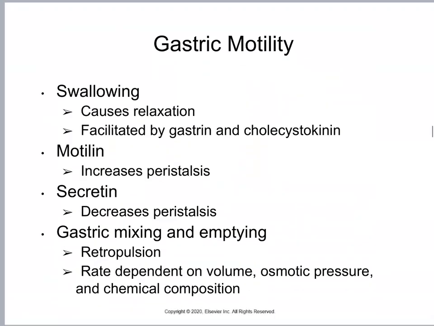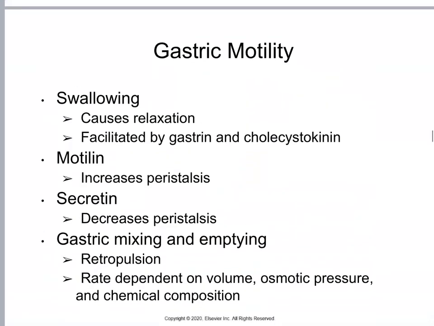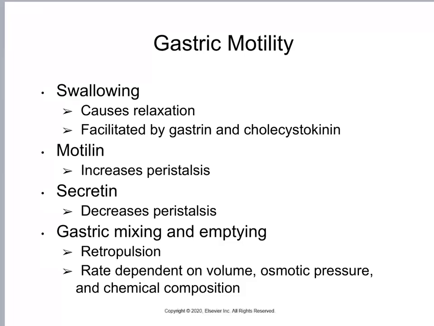Gastric motility refers to swallowing, which causes the relaxation. And that is facilitated by hormones called gastrin and cholecystokinin. Motilin increases peristalsis and secretin decreases peristalsis.